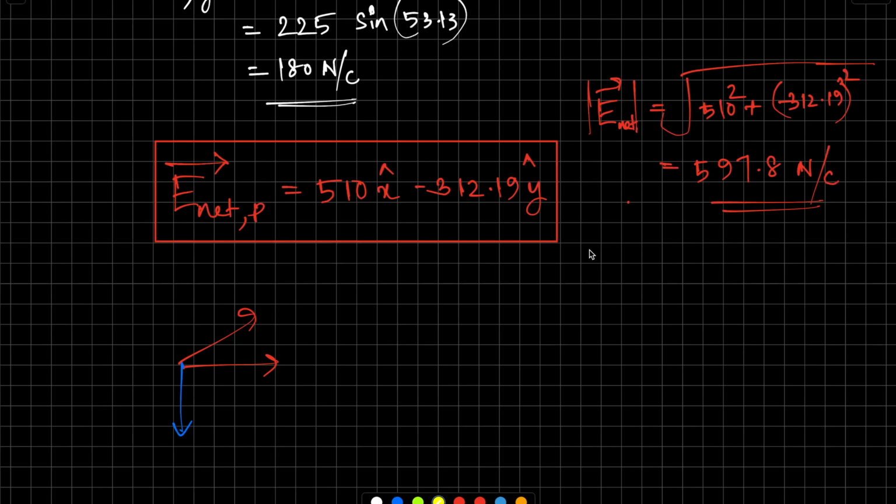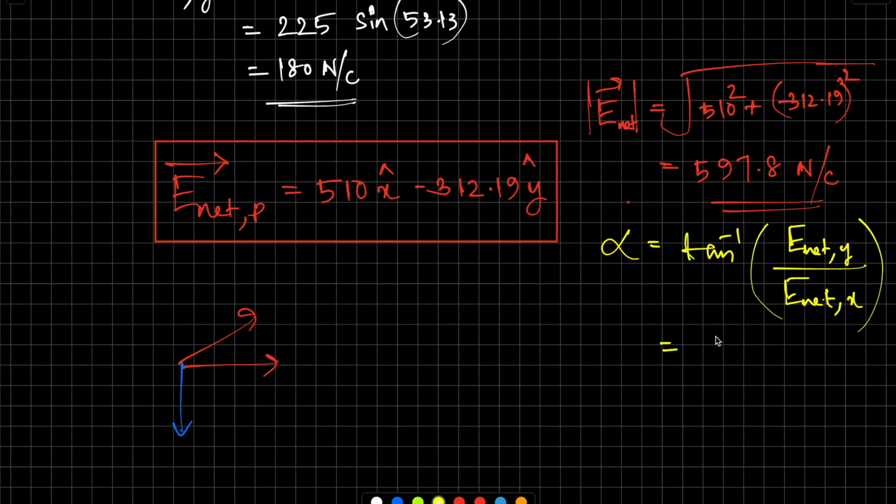Let's say the direction is alpha. Alpha equals tan inverse of the y component over the x component. The y component is minus 312.19, divided by the x component, 510. If you do that, you'll get minus 31.5 degrees.